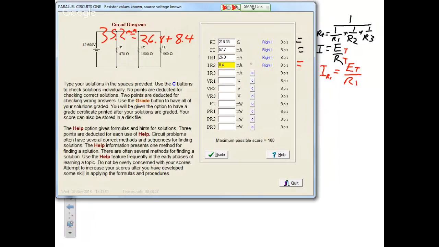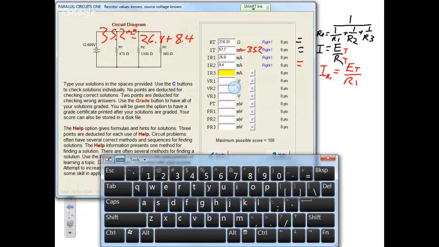35.2 milliamps. So I'm going to take my total, which is IT, and subtract 35.2, which gives me an IR3 value of 22.5.